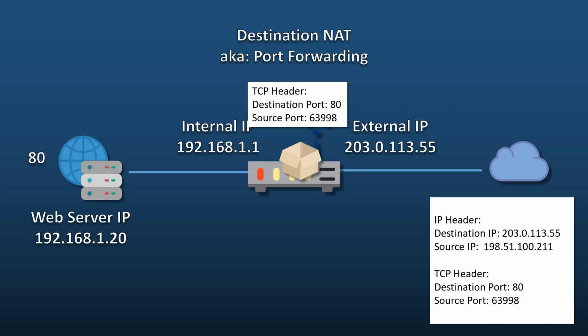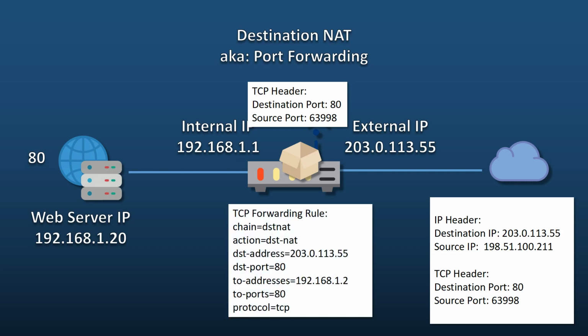The router then does a lookup on its firewall table to see if there are any rules that would apply to this packet. Here you can see a typical, if somewhat simplified, rule for forwarding a packet to the internal network. You can see the rule specifies that if the router receives a packet on its WAN port, let me just get some highlighter, if it receives a packet with this IP address, its public IP address, and on port 80, then it's supposed to do a destination network address translation on it.